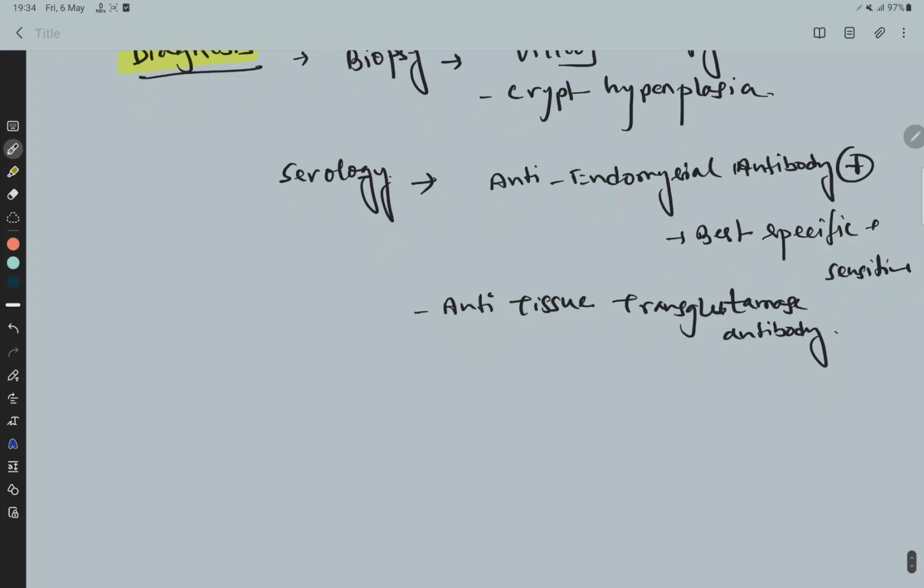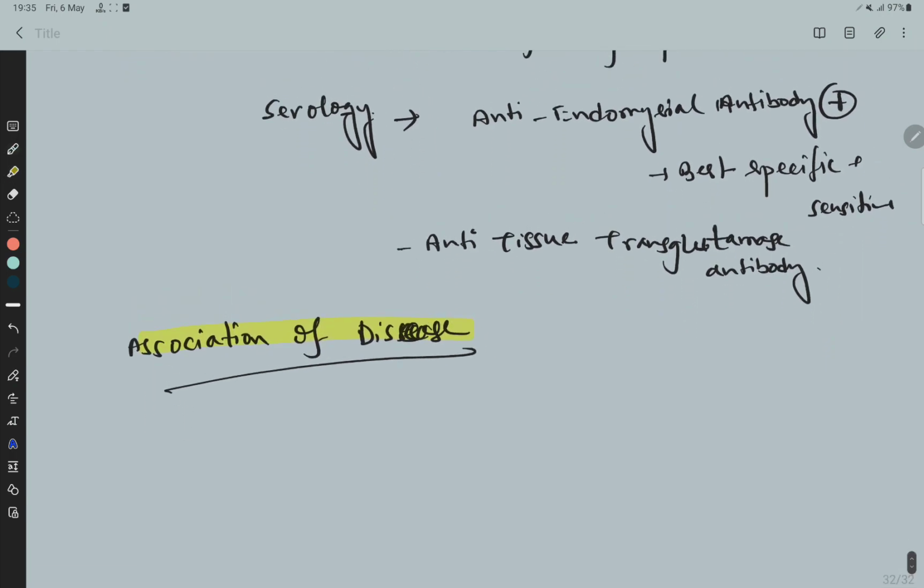And in celiac disease there are some associated diseases.